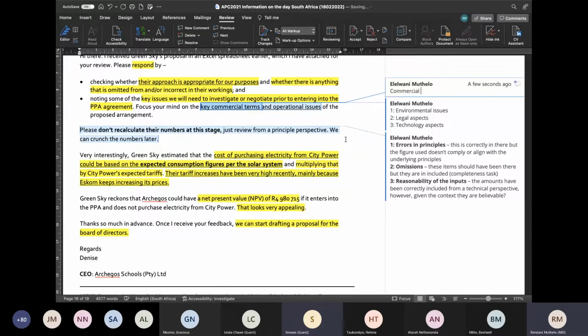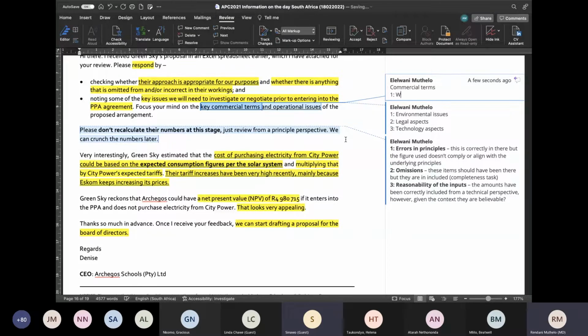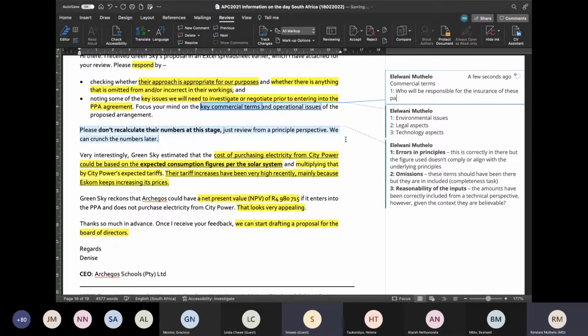So that is a commercial term. Who will be responsible for the insurance of these panels? That's a good question, because they are attached to our roof. It might be that we might be expected to cover it, or the terms could be that they will handle it.